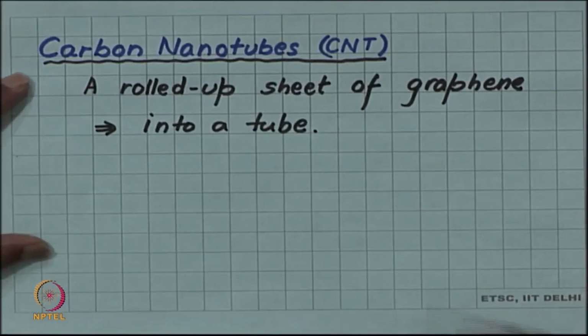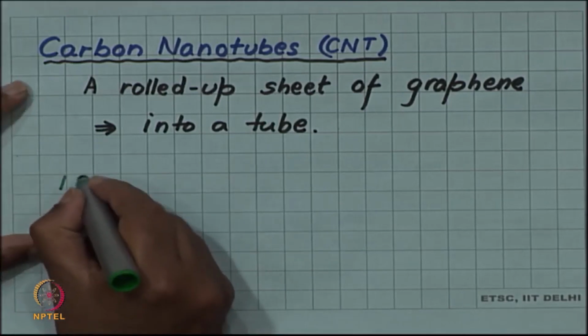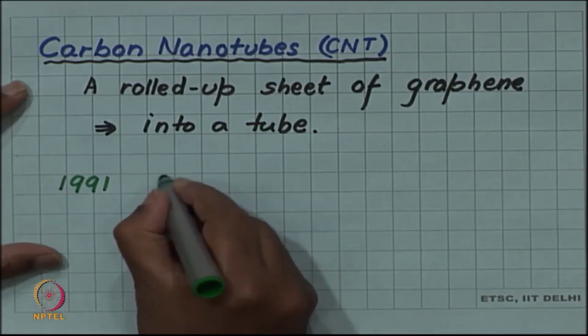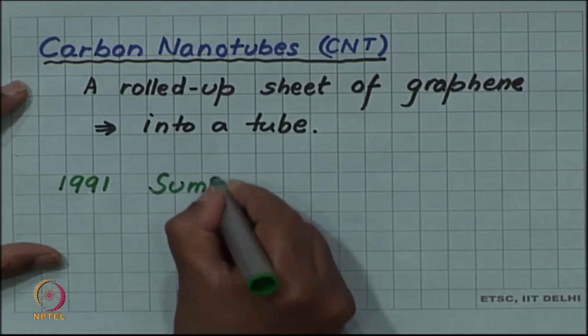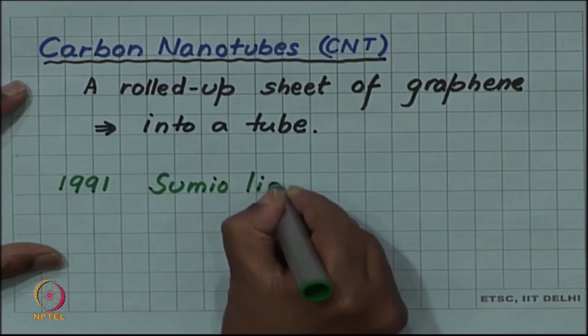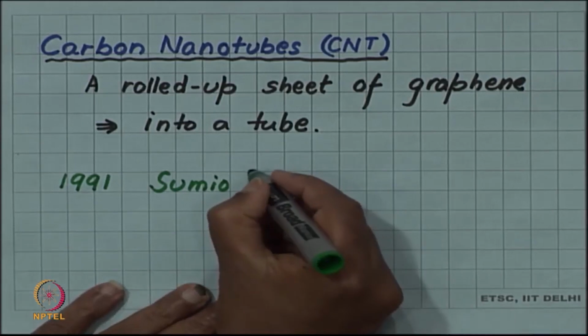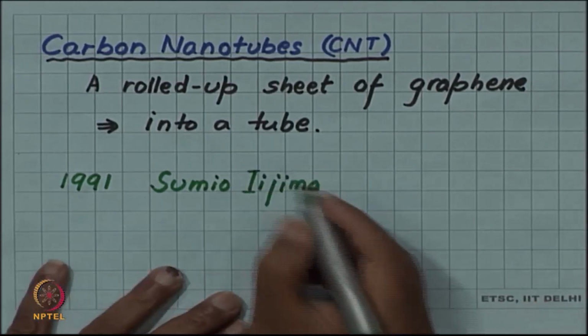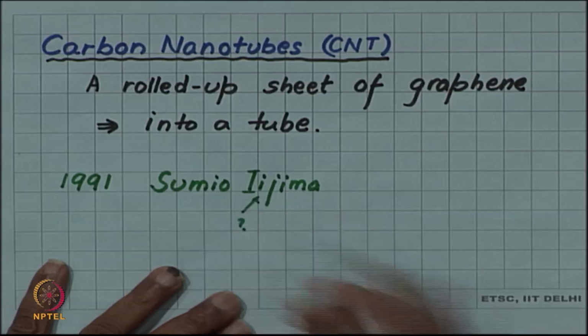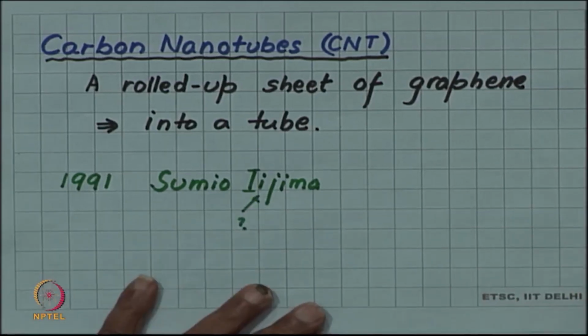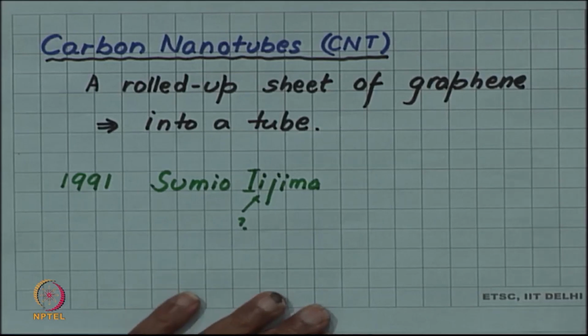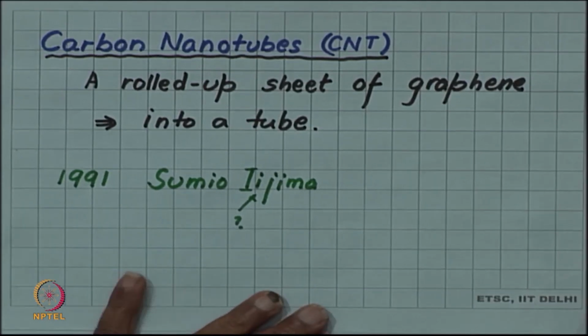This structure was discovered in 1991 by a Japanese scientist, electron microscopist Sumio Iijima. There is a lot of discussion in the literature whether this was the real first observation of nanotubes, or some people had seen it before.